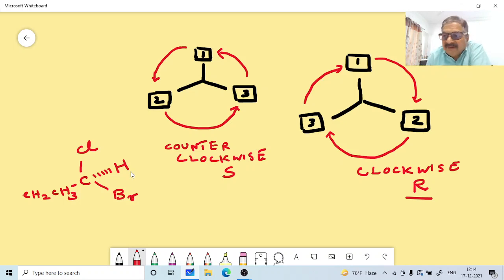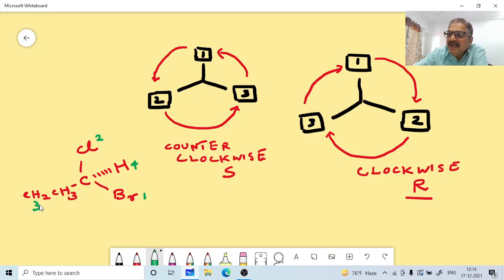It is on a dash. Okay, there is no problem. Now, as usual, you have to assign the priorities here. Okay, assign priorities. Then look down the CH bond towards the lowest priority group. Now here, priority-wise, bromine will be number 1. Correct? Bromine is number 1. Then chlorine is number 2. Hydrogen is number 4. Then this is number 3 here.